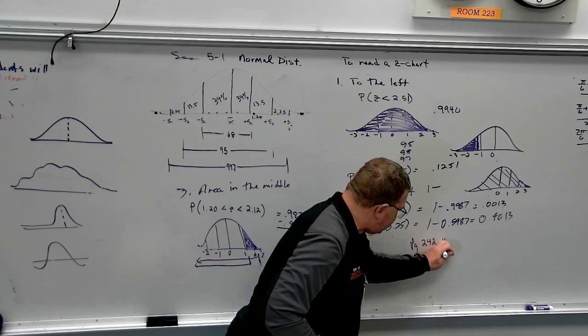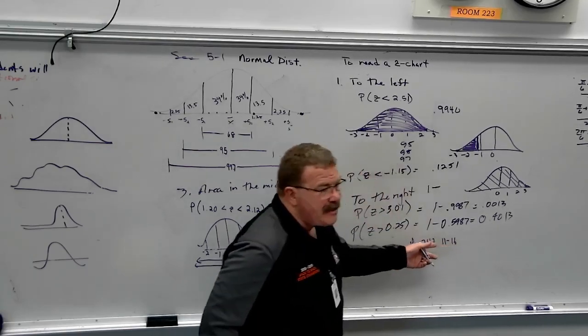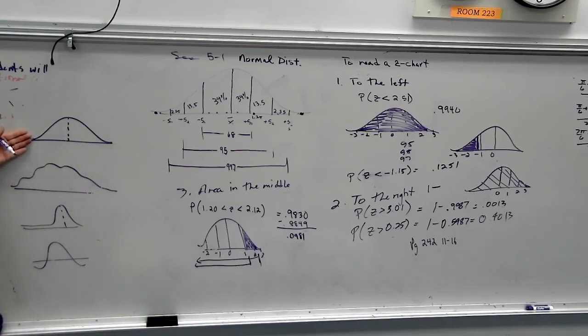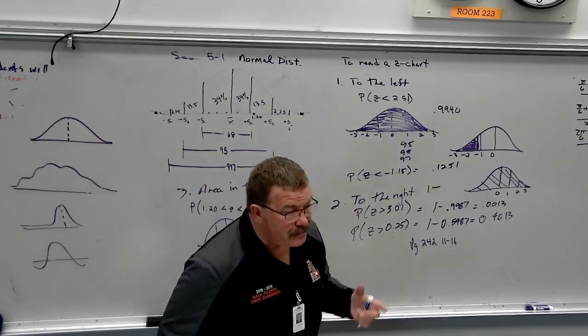Well, I'll wait till you guys get your book. Do 11 through 16 for me. That is just telling me this. I don't even have to wait till you get your book. Does this represent a perfect bell curve, yes or no? Yes. Does this? Does this? That's all they do, is they give you a picture and you tell me yes or no. Does that represent a bell curve? Okay. The rest of it is just reading your Z-charts.